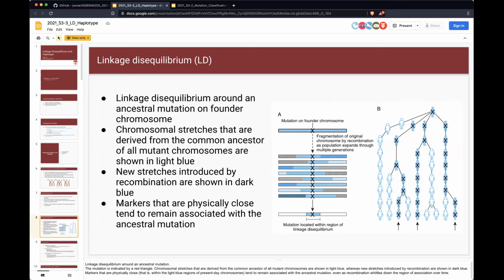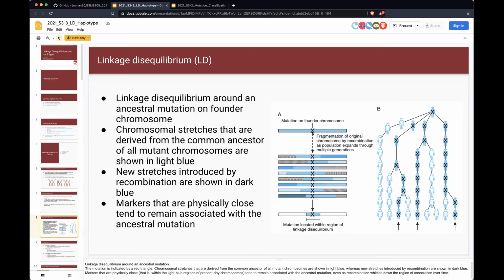If you look at the ancestral mutation on a founder's chromosome, the founders are the first person or first people in our population, and we can't really point out who they were, but we can assume there must have been founder people in our population, and we call them the ancestral chromosomes. And there must be a mutation in that individual, right?